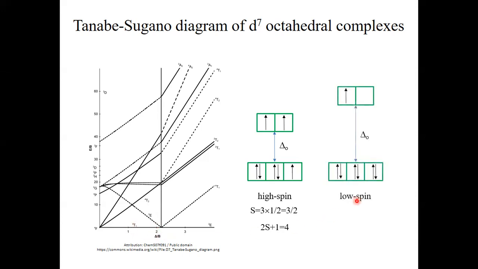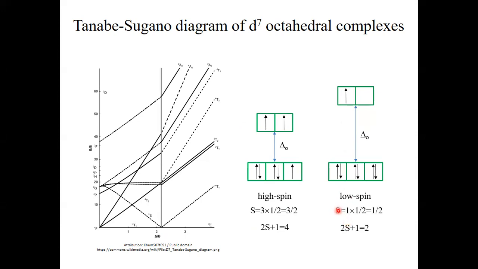And now for the low spin version, we want to pair these 2 electrons, but we can only pair 1, because after the first pairing, this electron is left over unpaired.